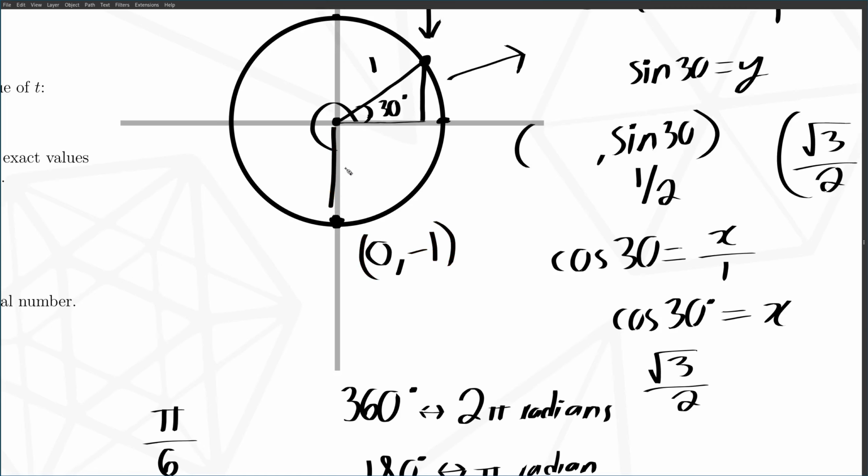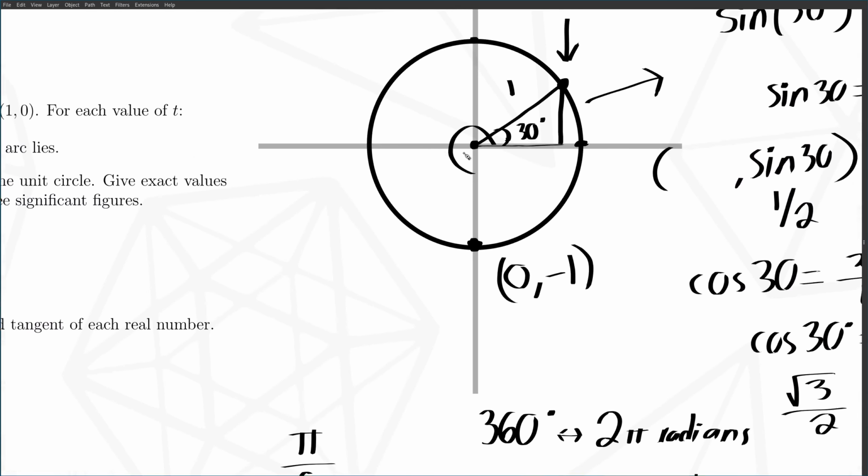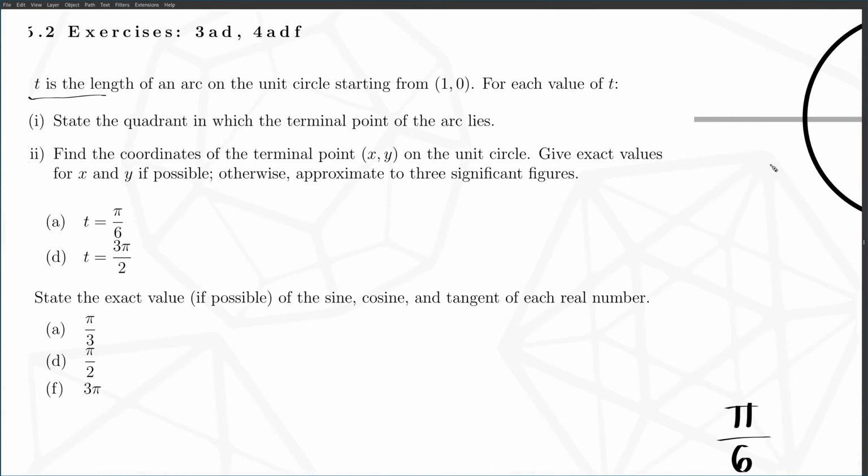Since this spans 1 and is in the down direction, that's going to be 0, comma, negative 1. And 0 because we're still on the y-axis here. If it had been pi over 2, which is 90 degrees, this point would just go over here, which is an easy 0, comma 1. Okay, so for this one, it's going to be 0, comma 1.